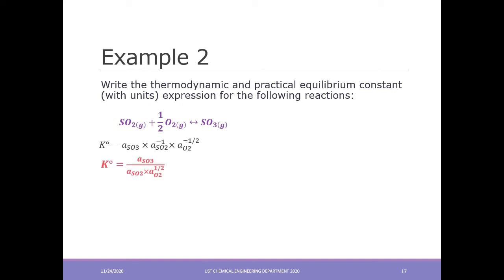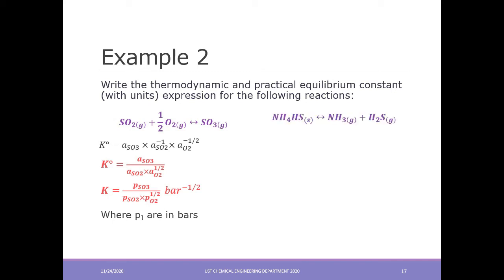Simplifying, we get this expression for K0. The practical equilibrium constant expression is obtained by replacing the activities with the ratio of partial pressure and standard pressure. Setting the pressure in terms of bars and standard pressure equal to 1 bar, we get this resulting expression with dimension of bars raised to negative 1/2.